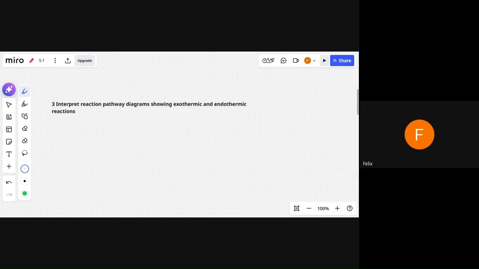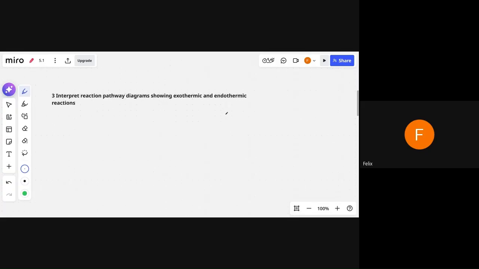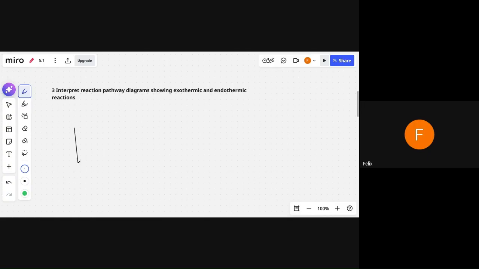Now we move on to the third subtopic, which states: interpret the reaction pathway diagrams showing exothermic and endothermic reactions. Here on this axis we plot energy, and this is the progress of reaction, right? So I'm going to write here, progress of a reaction.